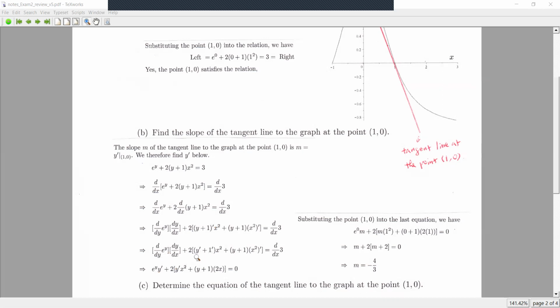So y prime plus 1 prime times x squared is y prime times x squared. X squared derivative is 2x. Number 3, derivative is 0. So we have this equation.